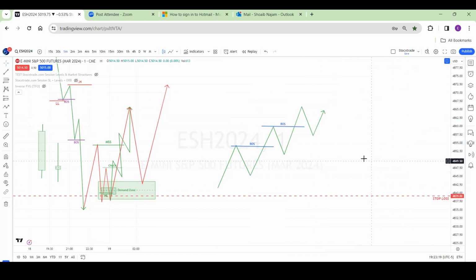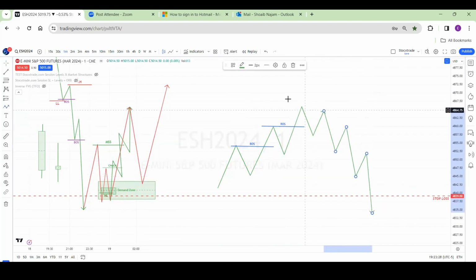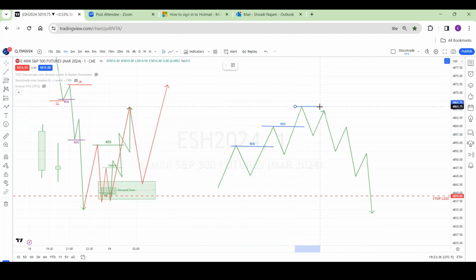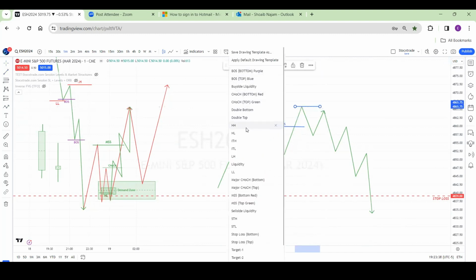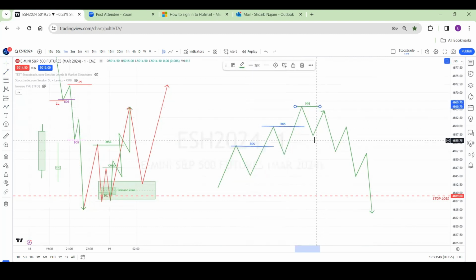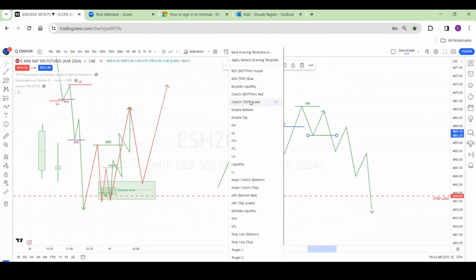If the price reverses from this area like this, then this is just a higher high, HH. And after that, what is this? Basically, this was the low. And once it breaks this, you can say this is your change of character.